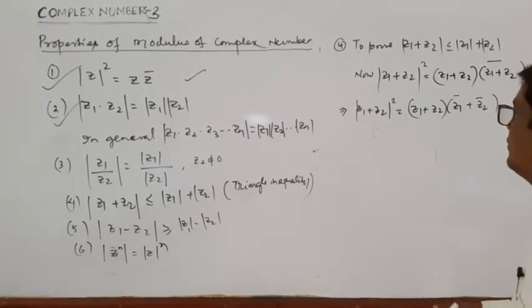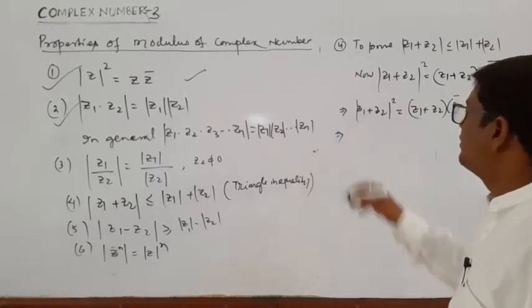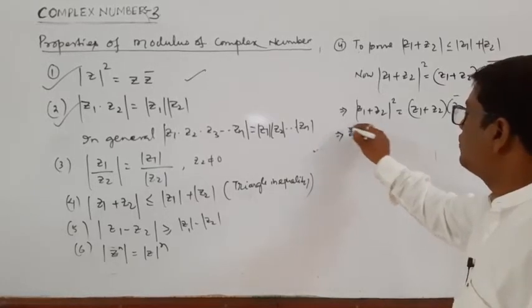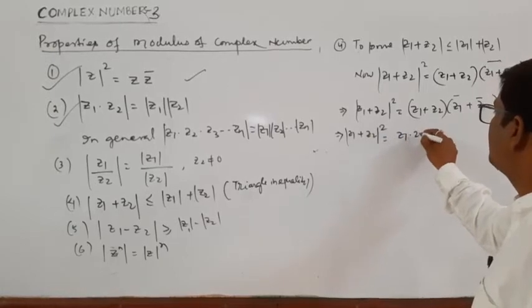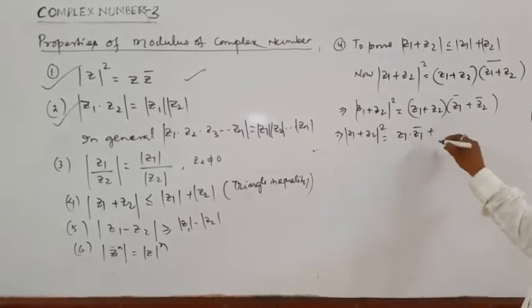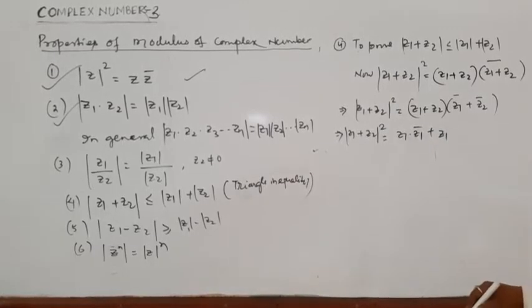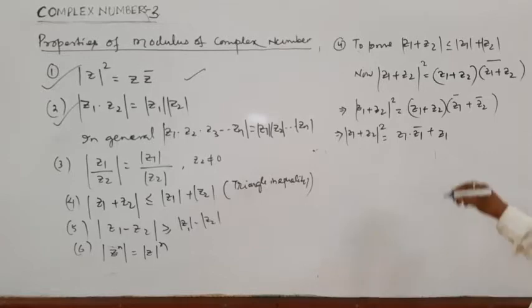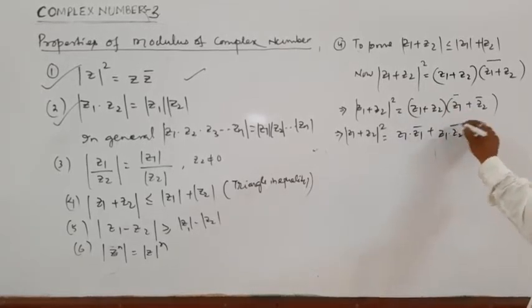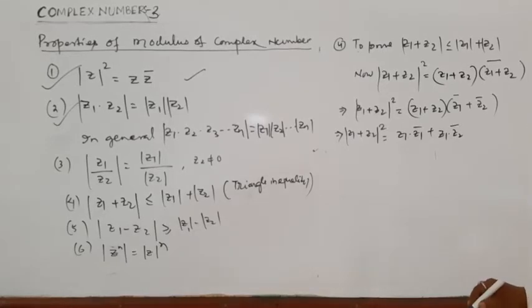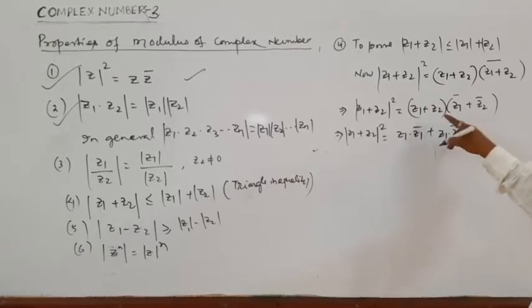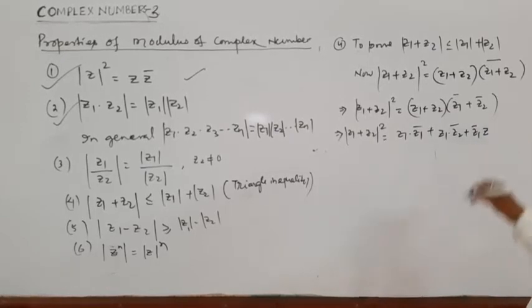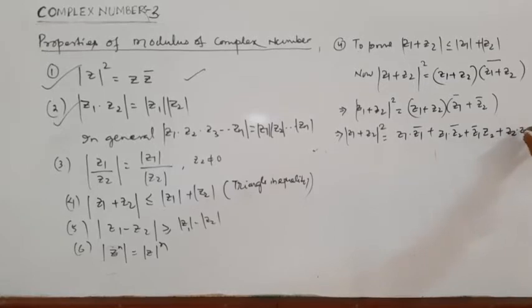Now that is mod z1 plus z2 square equal to z1 into z1 conjugate plus z1 into z2 conjugate plus z1 conjugate into z2 plus z2 into z2 conjugate.